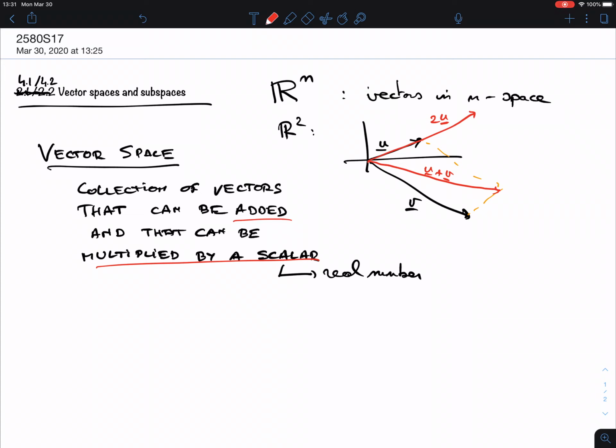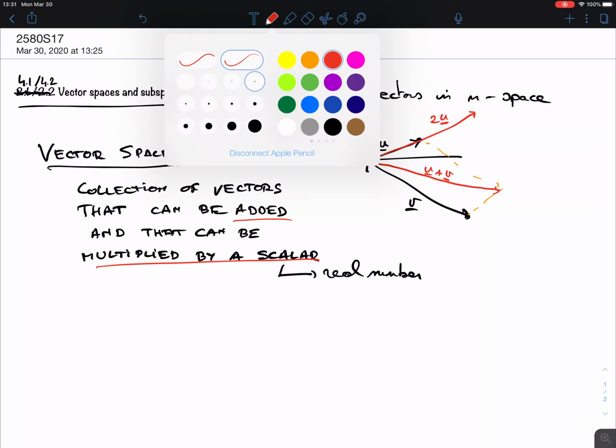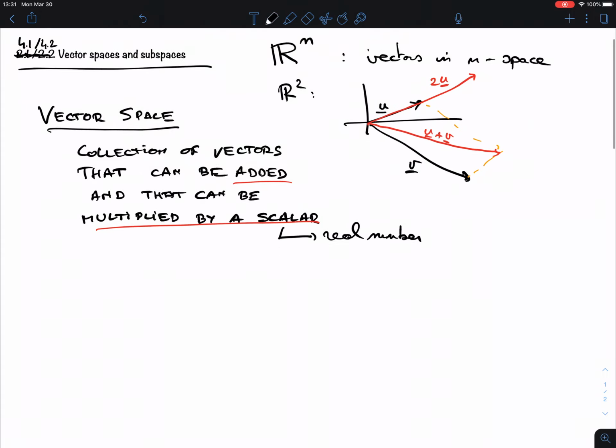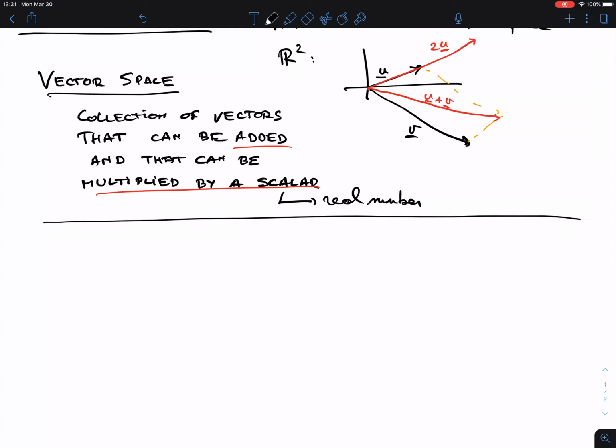I'm just going to give you one example that might be a little bit weird for you, but I'll do it nonetheless. Let's look at what I'll call Mn. And these are the n by n square matrices. And I claim they also form a vector space.